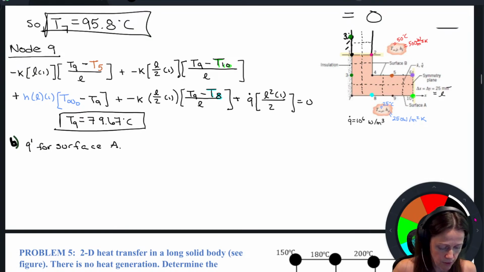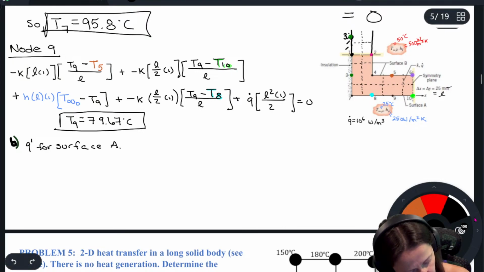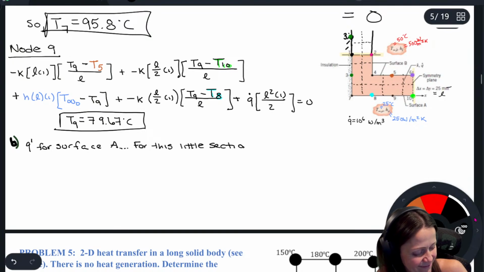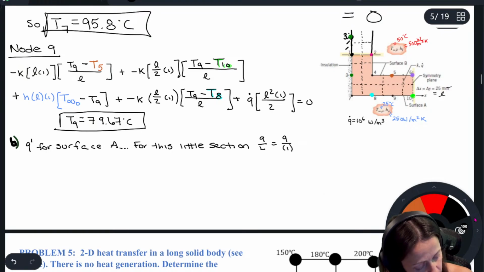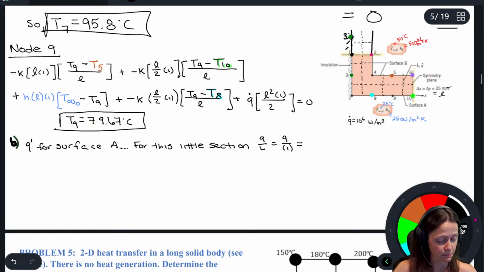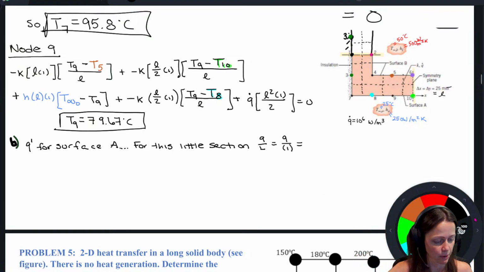Okay, so for this little section, Q per unit length. Well, per unit length, I'm going to be dividing by 1 because that's the length into the paper.